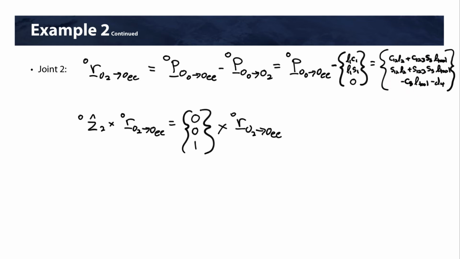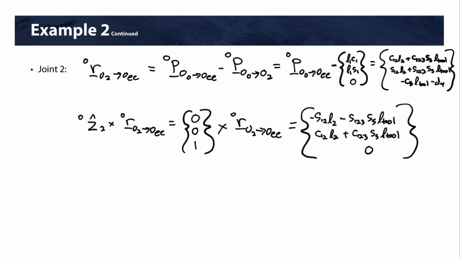And if you do that cross product, you're going to get minus S12 L2 minus S123 S5 L2. You're going to get C12 L2 plus C123 S5 L2 and 0. All right, and so those are the two parts of the revolute joint for the Jacobian we need. We need our cross product result, and we need our joint direction.